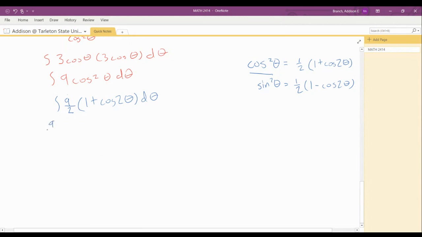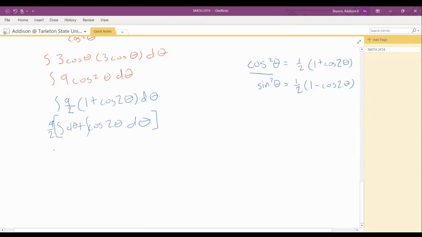I'm going to pull it out and say that we have 9/2 times 1 plus cosine of 2 theta d theta. And what I would also do is split this up into 2 integrals, just to make this a little easier to work with. When in doubt, split into 2 integrals.